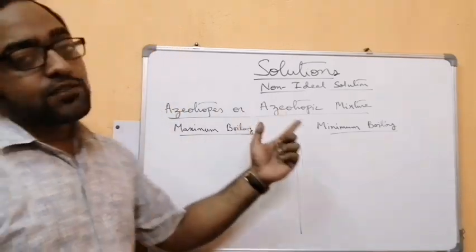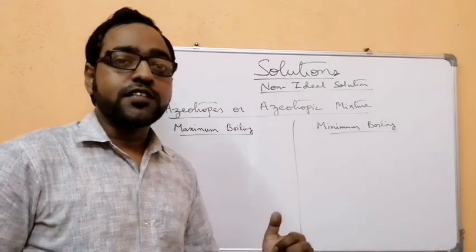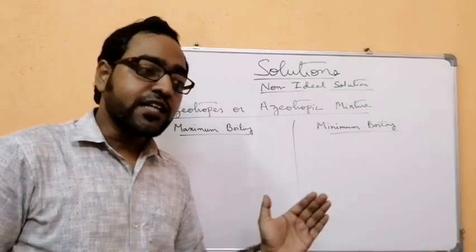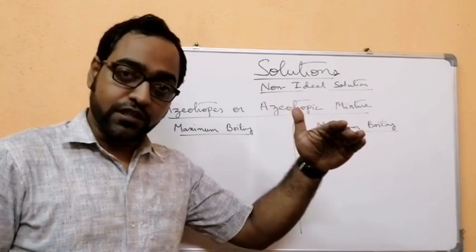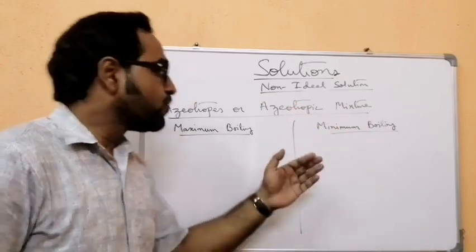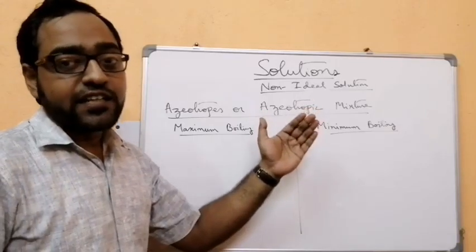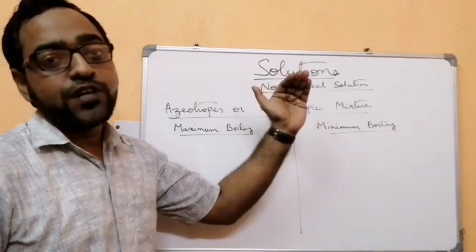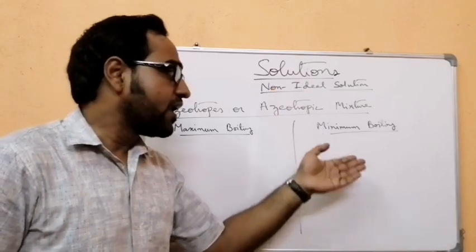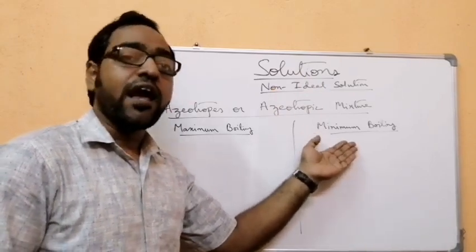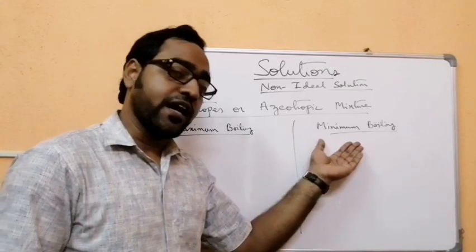So, in case of positive deviation, you have seen that the vapor pressure of the solution is greater than the ideal solution. Whenever the vapor pressure is greater, the tendency to reach atmospheric pressure will be higher. So those solutions will boil at a lower boiling point and hence are called minimum boiling azeotropes.